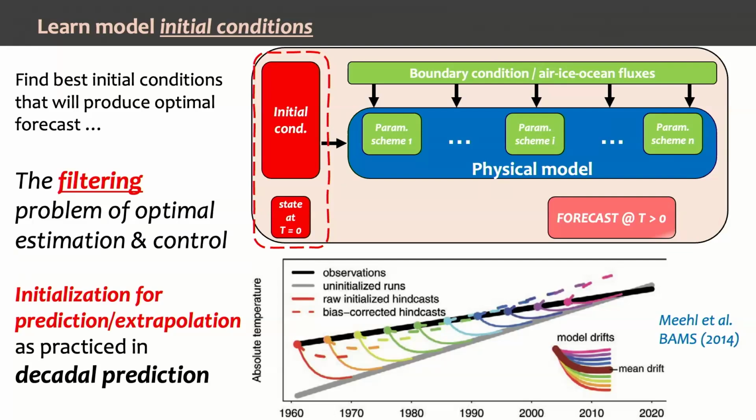But then if the model is not well calibrated, the model jumps back from the initialized state to its preferred state in what's called the initialization shock. And that's been a problem with trying to adopt these methods in models where you try to have a good initialization, but you still have issues with not very well calibrated models.